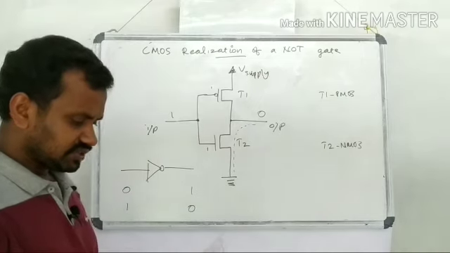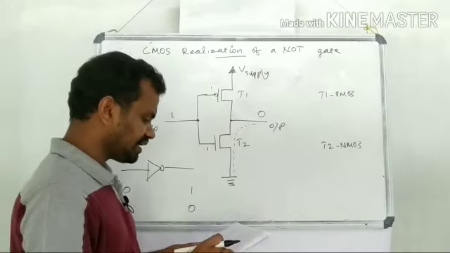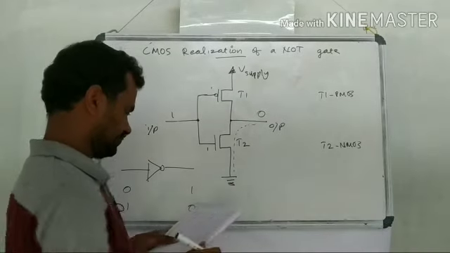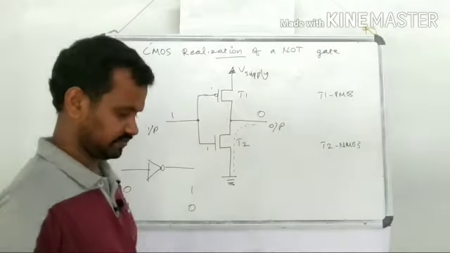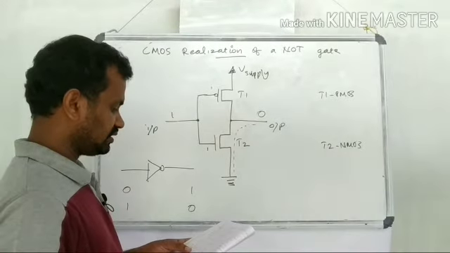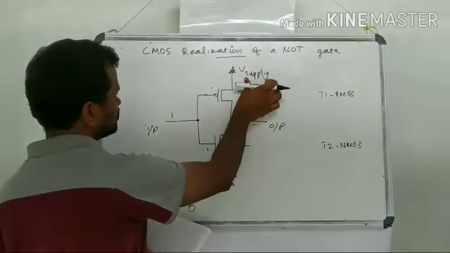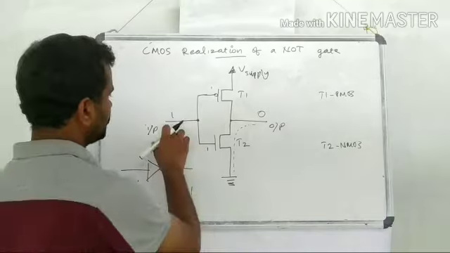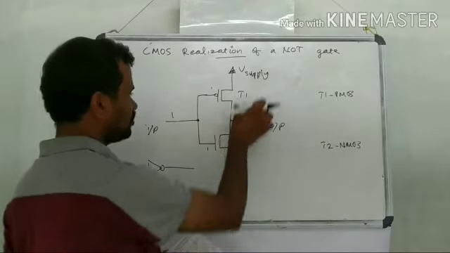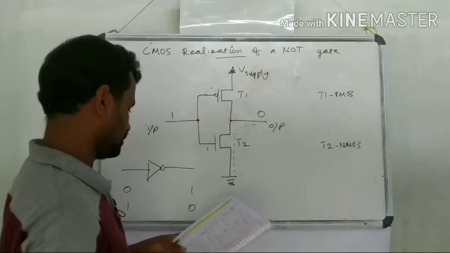Then a key feature of this circuit is that T1 and T2 operate in a complementary fashion. That is, when one transistor is on, the other will be off. And there is no closed path between the power supply, this V supply, and ground. In both cases, when we are giving a 1 or 0, there is no closed path between supply and ground.